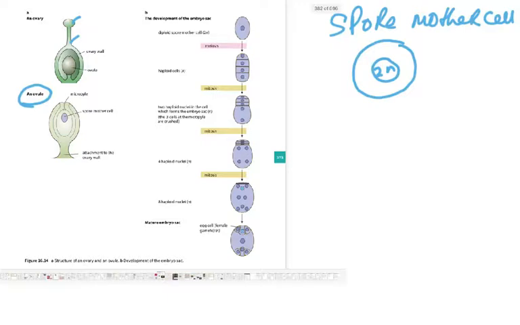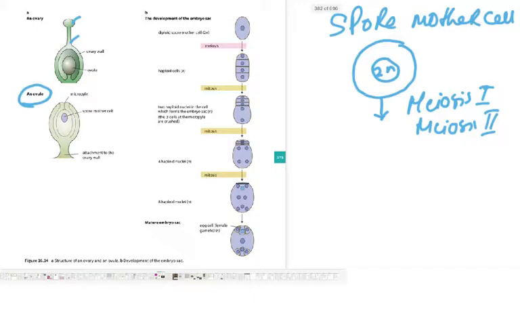And inside the ovule is a large diploid spore mother cell. Now this cell divides by meiosis. So we're going to have meiosis 1 and meiosis 2. Once meiosis 1 and 2 have taken place, what are we going to have?